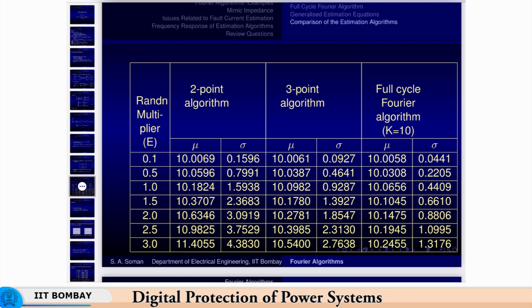We could also repeat this experiment and see what happens if you make the sample 16 or 20, what gain in accuracy there is, but we have used 10 here. So, again mu goes to 10.24, and even the standard deviation is far lower. So, you can see that as you can expect, as you increase the number of measurements, the results are far better. Okay. Again, this is as expected from the theory that we developed.